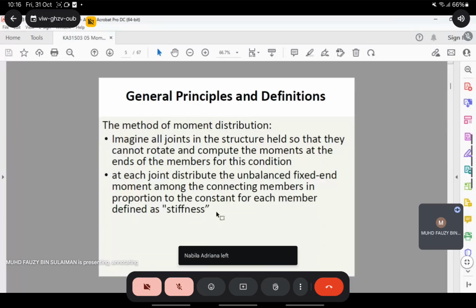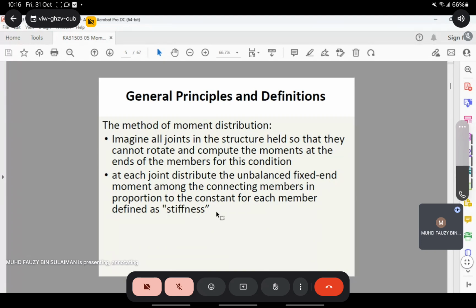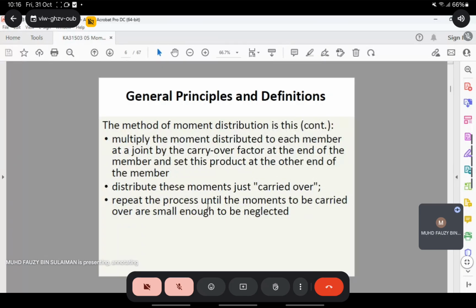Define the stiffness, define the modulus of elasticity, define the moment of inertia of the beam. Those are the very basic things that you should master. And then multiply the moment distributed for each member at the joint by the carryover factor. The carryover factor, we have to set it, COF is 0.5.